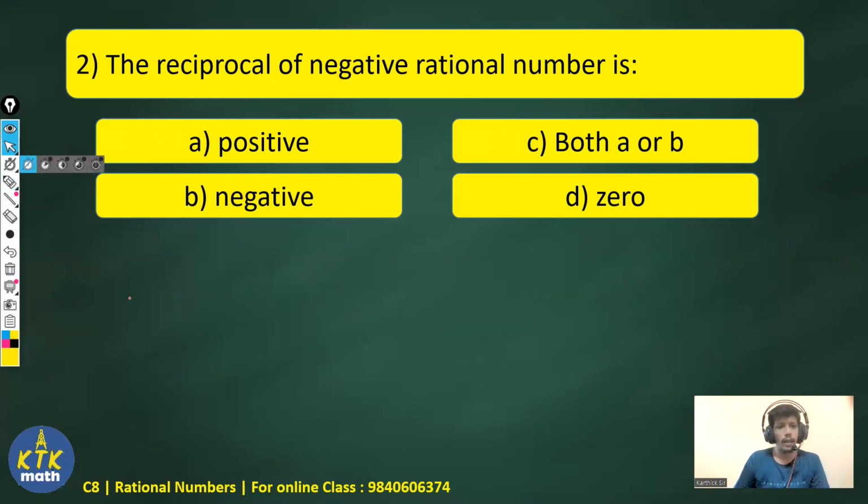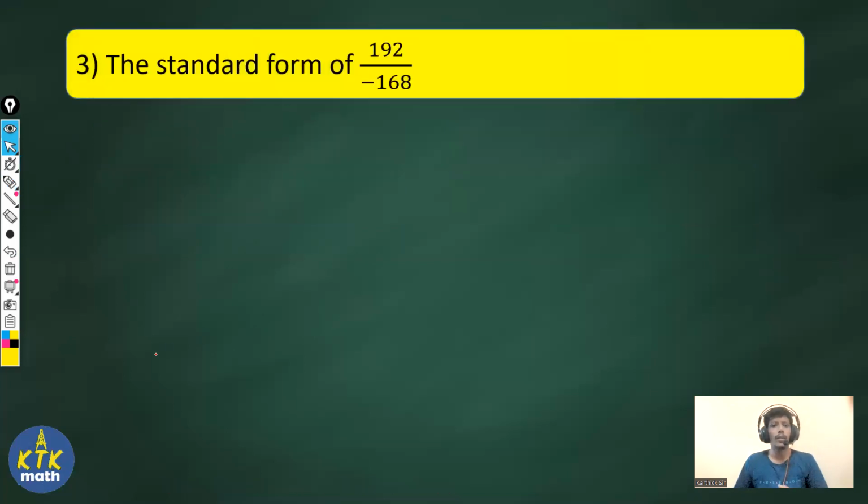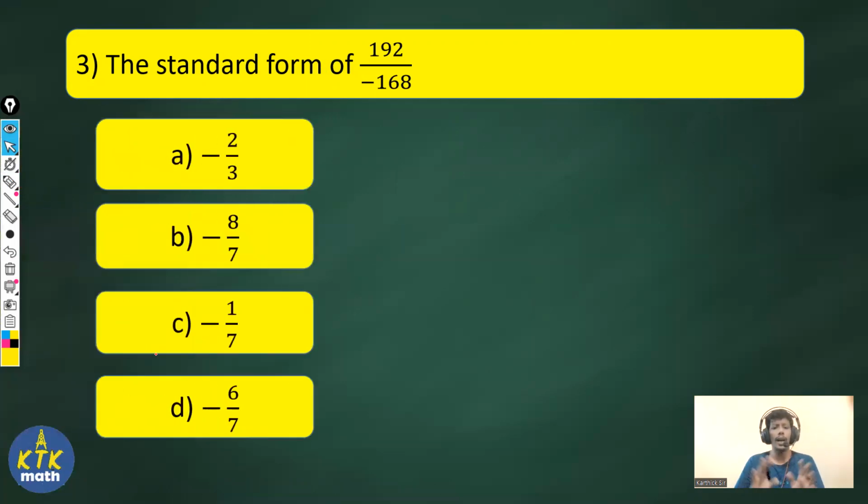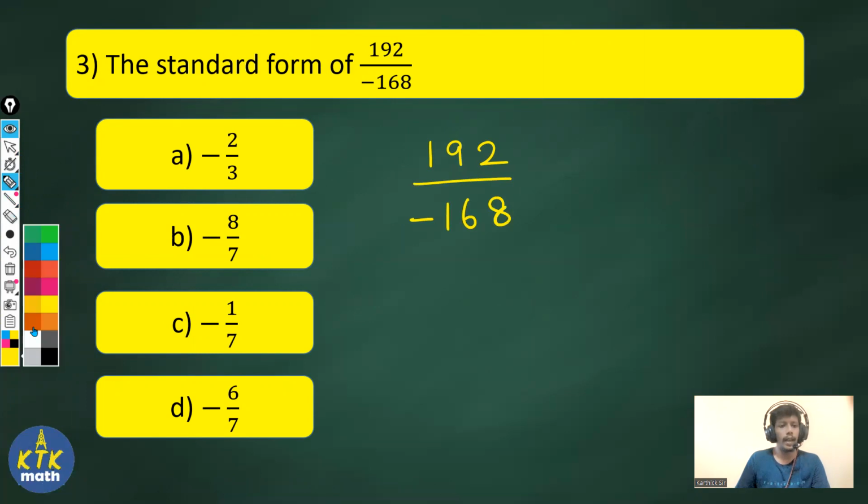Okay. Now let us move to question number 3. The standard form of 192 by minus 168. So you have many ways to cancel. Okay, standard form means what? I need to simplify the given numbers. So let me take 192 by negative 168. Listen carefully.